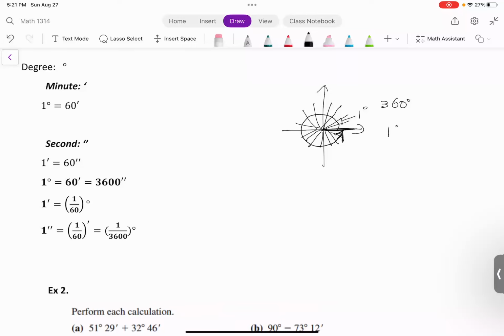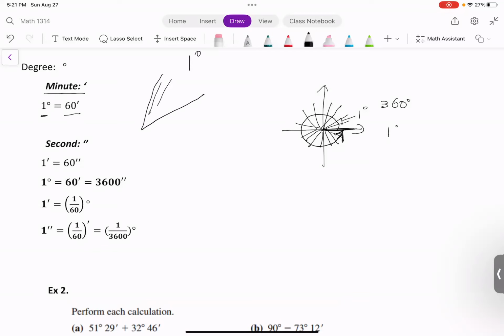So the next unit, we call it minute. 1 degree divided into 60 parts. So 1 degree equals 60 minutes. One part is 1 minute. Next one is second. 1 minute equals 60 seconds. That means, for example, this one is 1 degree, one portion from the 360 full rotation.